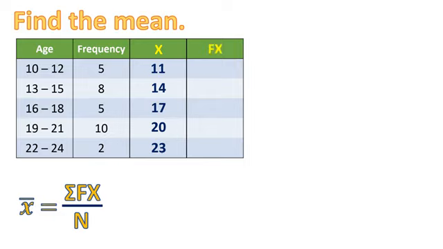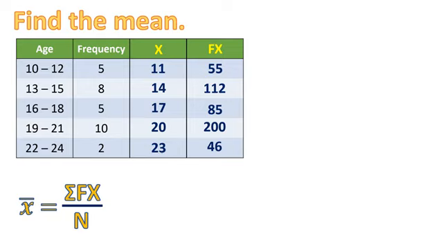Obviously it means we multiply the frequency and the class mark. So it's 5 times 11, 55. 8 times 14, 112. 5 times 17, 85. 10 times 20 is 200. And 2 times 23 is 46.